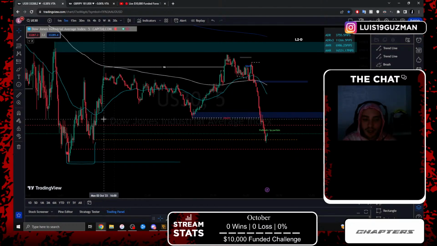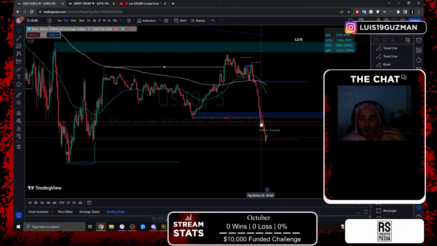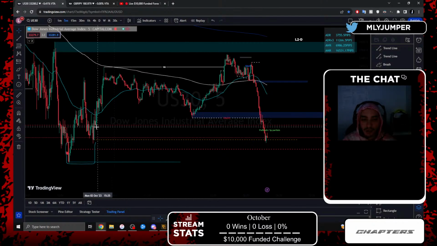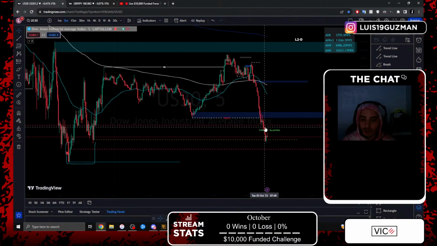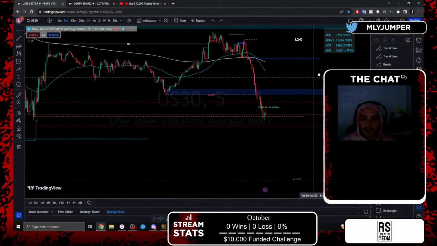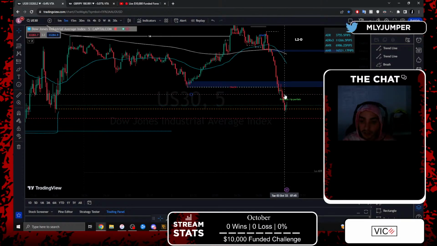Once price got down here, our next break of structure target is here, right? So now if you line up the break of structure to where price is at, this red candle closed below the break of structure. The next candle went up and gave us the retest. That's the entry for us to then continue to go down.